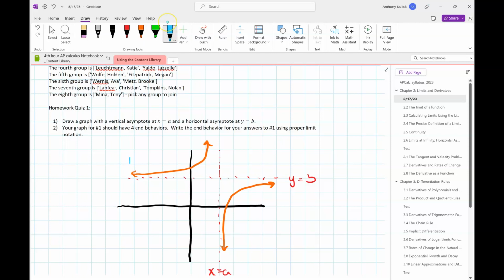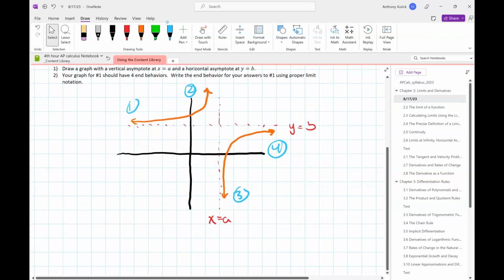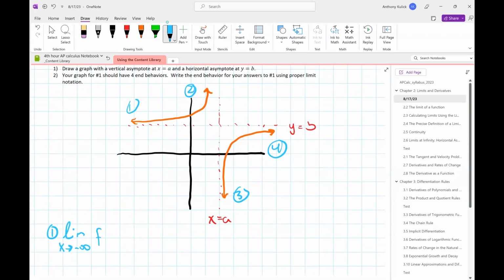If we label these 1, 2, 3, 4, the end behaviors are as follows. Number 1 should be the limit as x approaches negative infinity of f of x equals b. If I look at this end, that's the point negative infinity comma b, so x is going to negative infinity and y is going to b.